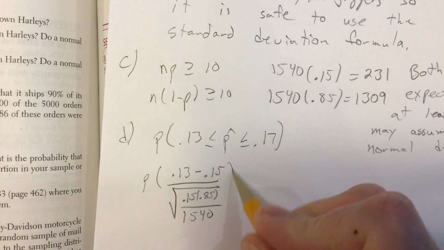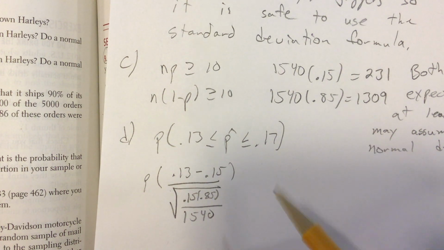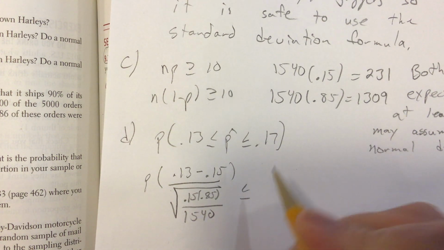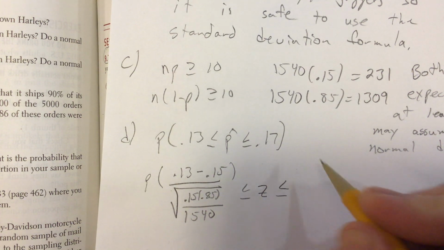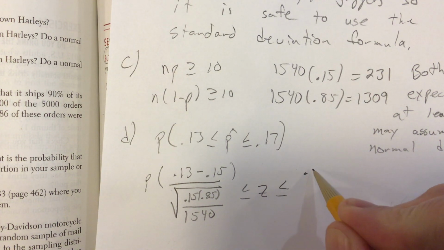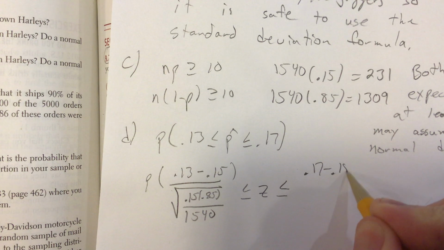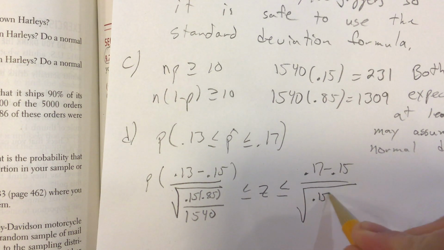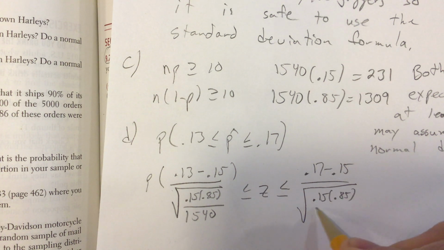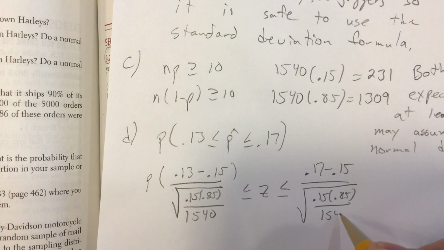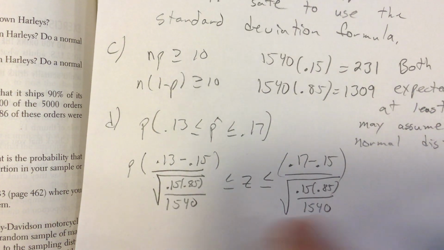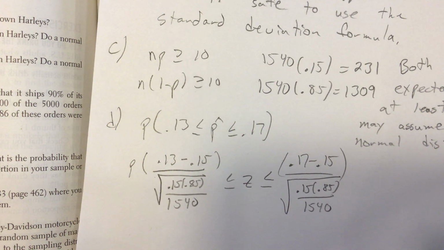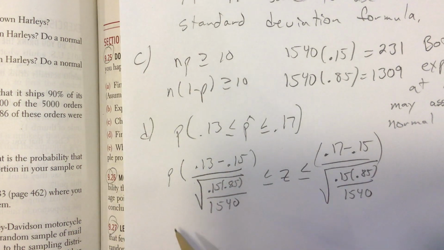So it's better off to just do the whole thing. Okay, and there we go. So work this out in your calculator to get your z-scores. You should get this.